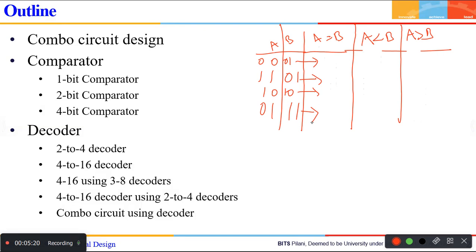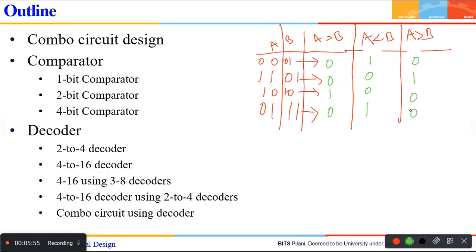Whether A is equal to B? 0. Whether A is less than B? Yes. Whether A is greater than B? No. This one? 0, 0, 1. Of course, this is 1, 0, 0. This one? 0, 1, 0. This is what a comparator is. Have you understood now?